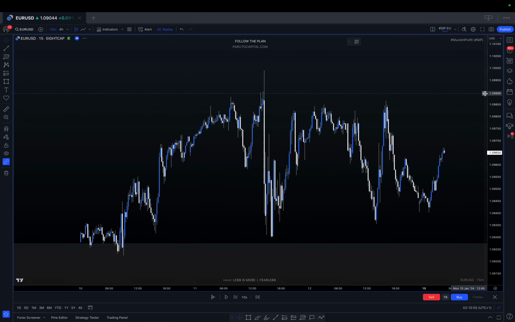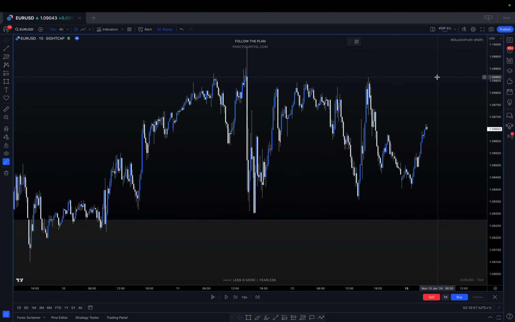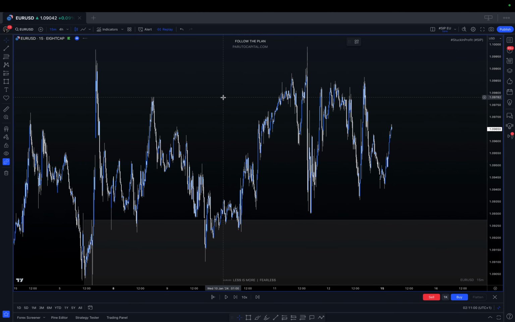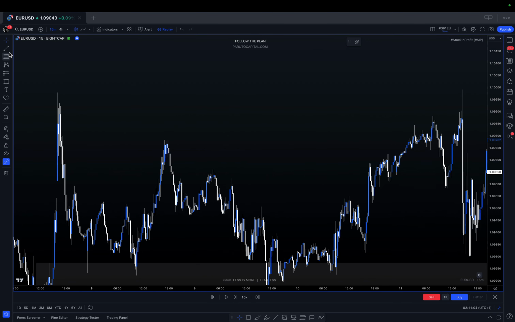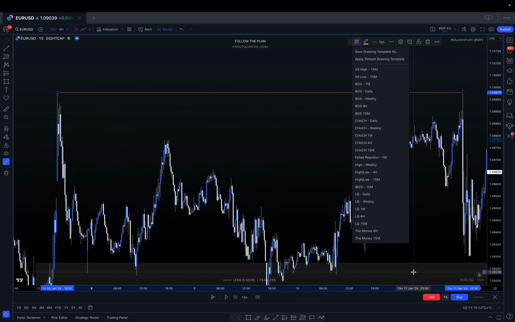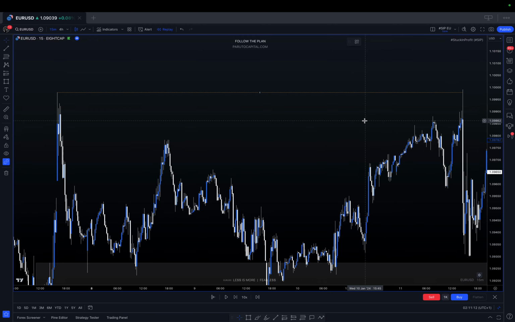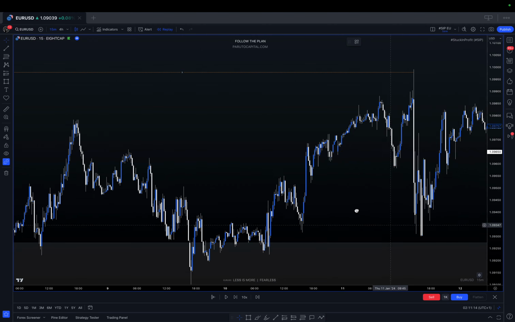So in the 15 minutes, let me draw this, zoom out. Here we have this high. You can see that was a sweep of liquidity. That high got swept, okay, and price sold off massively.